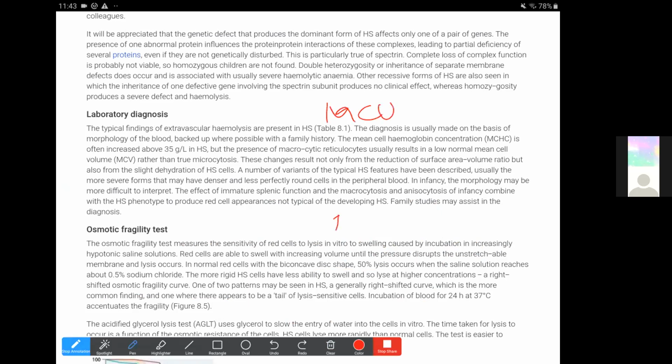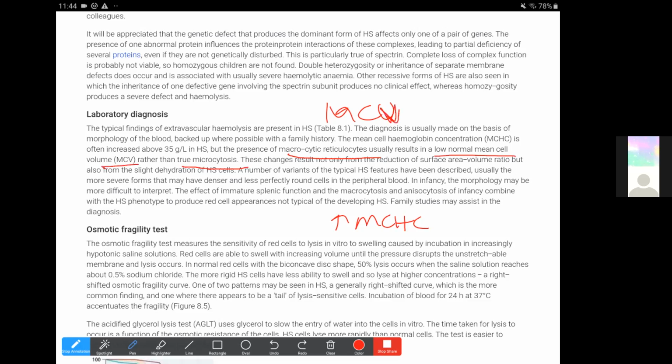There is supposed to be increased MCHC, but because of increased reticulocytes, the macrocytic reticulocytes are present. So because of them, the MCV could be normal. The MCV may not reflect the true microcytosis. So there could be a low normal MCV.